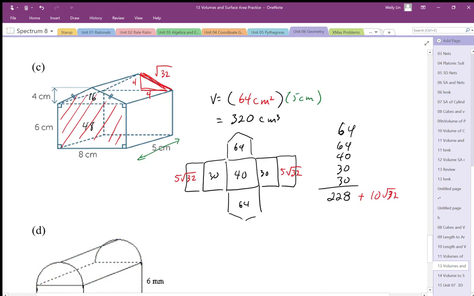As a decimal approximation, this is perfectly fine. In fact, exact values are much better. So that's my surface area in exact value. When I work that out, 228 plus 10 root 32, I'm getting 284, approximately equal to 284.57 centimeters squared. Okay, these are both centimeters squared because we're talking surface area.